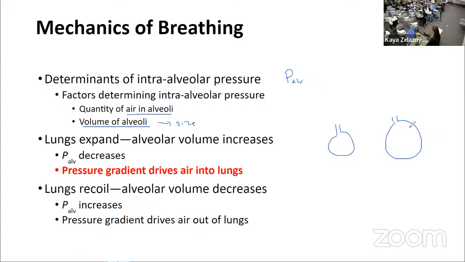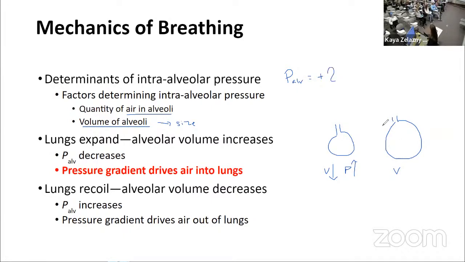As our lungs recoil, bounce back, we're going to see a change in the pressure and the volume again. We're moving towards that smaller one. As we're decreasing the volume, the pressure does the opposite thing and increases. So we would now start to have some type of positive pressure.